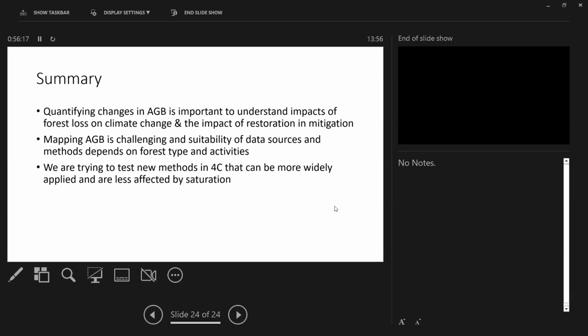So I think the real utility of those is to develop algorithms, or to validate TLS data against plot data and say, okay, we've got these plot measurements, can we develop equations that would convert these standard measurements into higher quality biomass estimates?